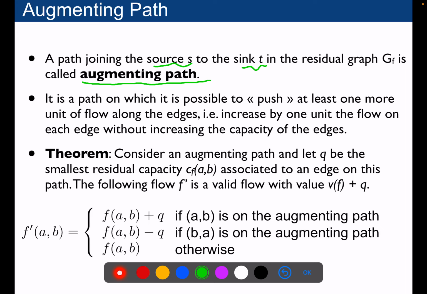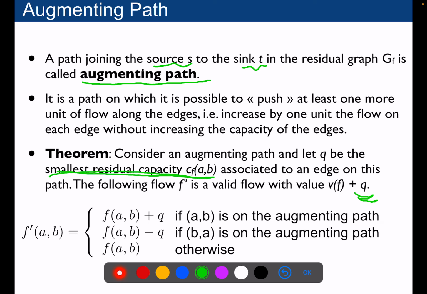How much do you increase the flow along that augmenting path? It's given by the value Q. The value Q will be the smallest residual capacity that you can find on the path.